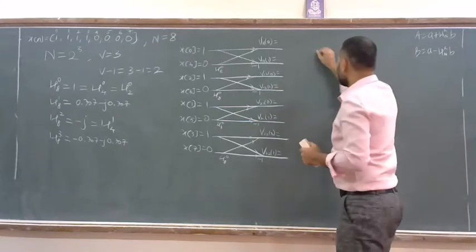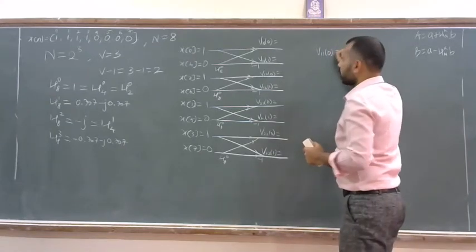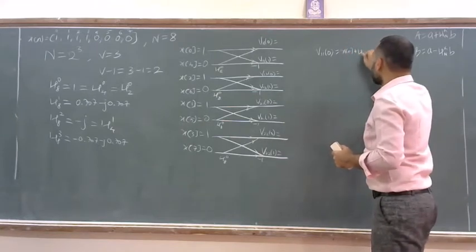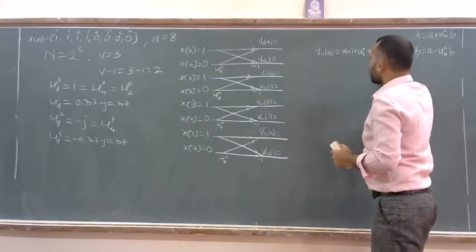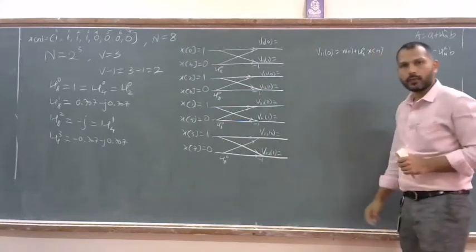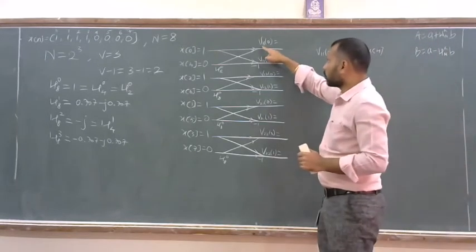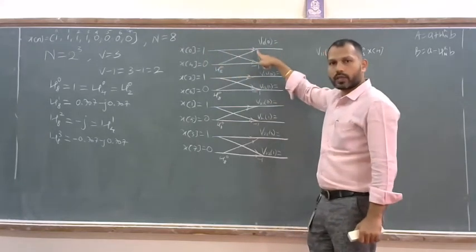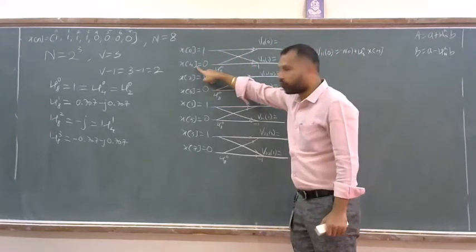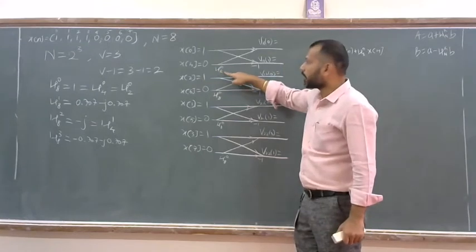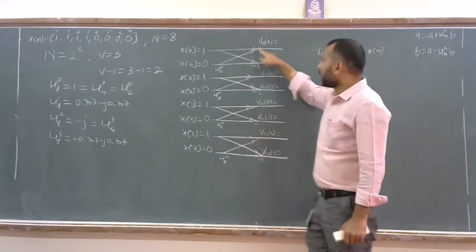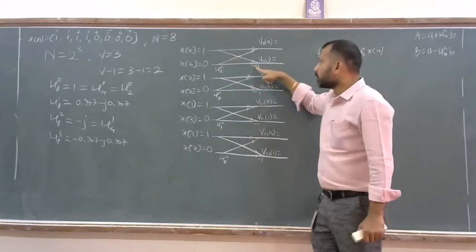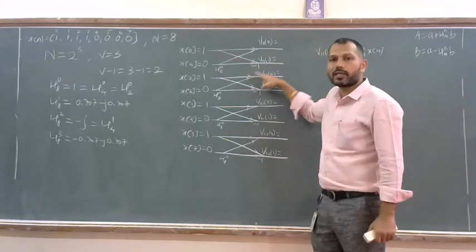For example, V11 of 0 will be x of 0 plus W80 multiplied by x of 4. Because at this point, to calculate V11 of 0, one signal is coming from x of 0. The second data point is x of 4, but x of 4 is multiplied by W80. And to calculate V11 of 1, instead of addition, because of this -1, it has to be subtracted.